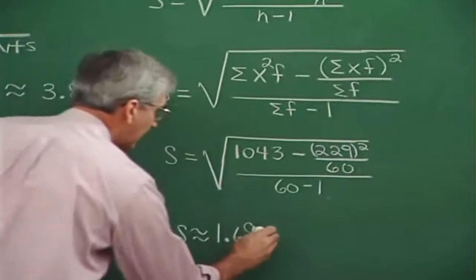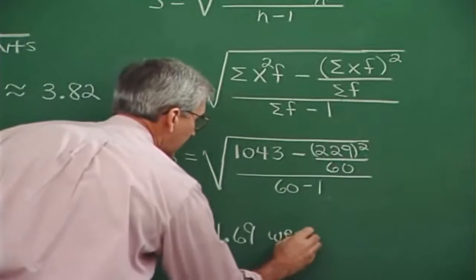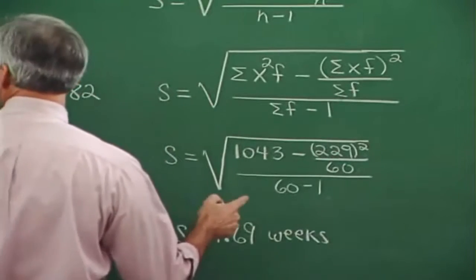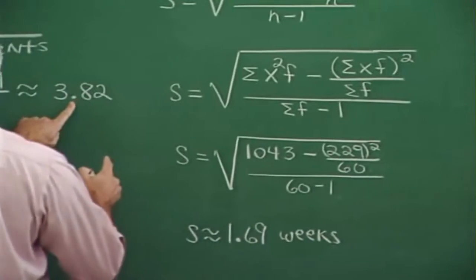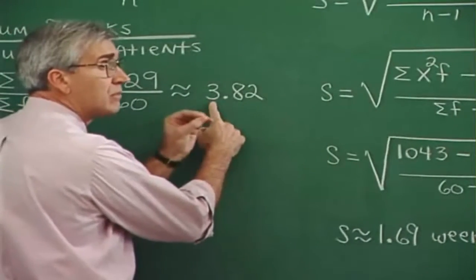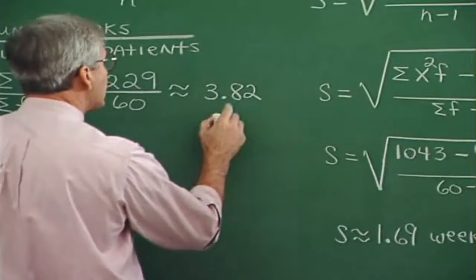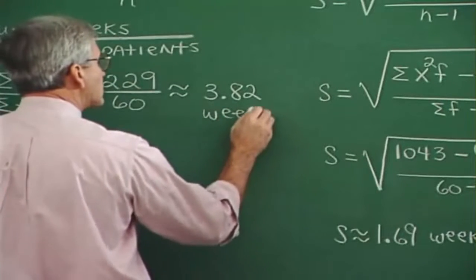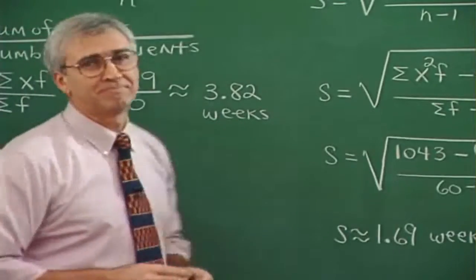I should put the unit down here. It's some number of weeks. So the standard deviation is 1.69 weeks. I should do the same thing with the x bar. This is the average number of weeks for recovery, 3.82, so it's 3.82 weeks for the unit.